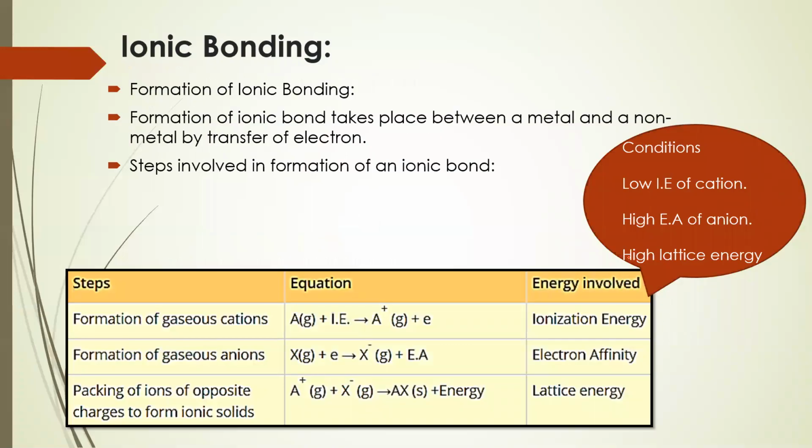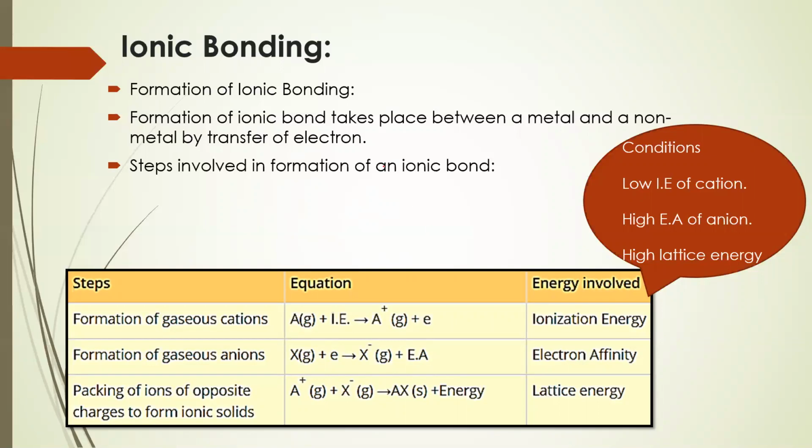Next, ionic bonding. How is ionic bond useful to us, that is, the formation of ionic bond. Basically, when a compound has an ionic bond, the conditions are that the cation should have low ionization energy, the anion should have high electron affinity, and after forming the compound, it should have high lattice energy.